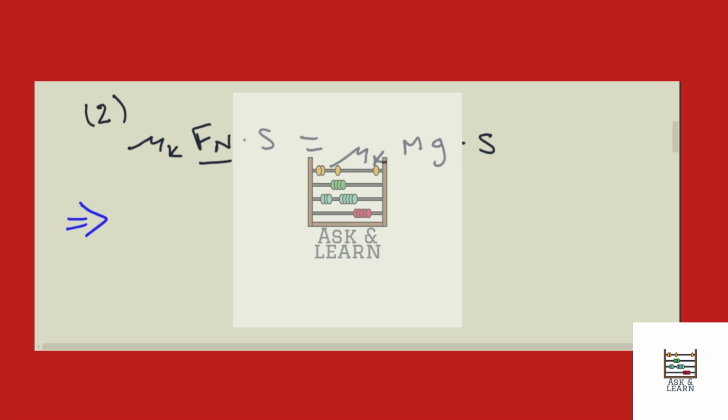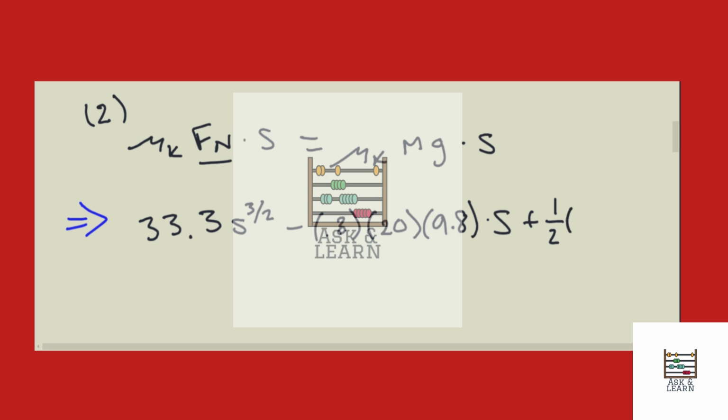First, we plug in the work due to the force that varies, 33.3 s to the 3 halves, minus the coefficient of kinetic friction, 0.3, times mass, 20 kilograms, gravity, 9.8, and then times s, plus we still have the initial kinetic energy, 1/2 m, which is 20 times 6 squared, and this is equal to the final kinetic energy, 1/2 times 20 times v2, which is 15 squared.